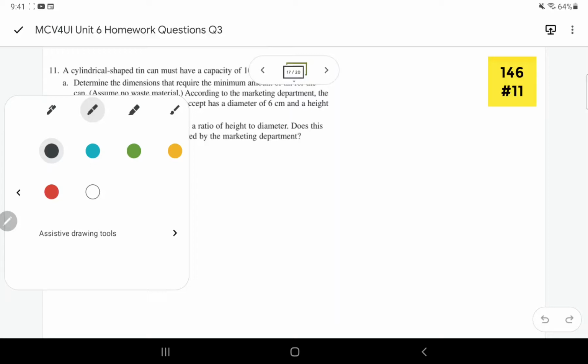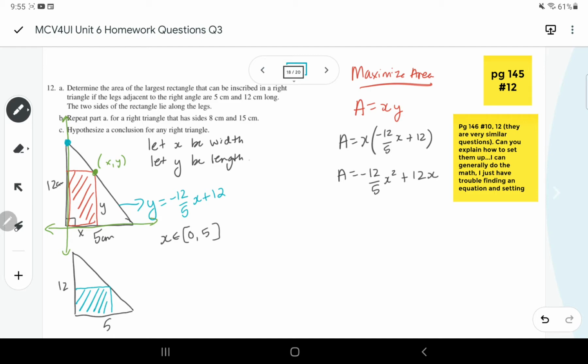So negative 12 over 5x squared plus 12x, and I can restrict x in here to the interval 0 to 5. And it's kind of arbitrary that I picked x being along the length of 5. That could switch easily. So I would do the derivative here.